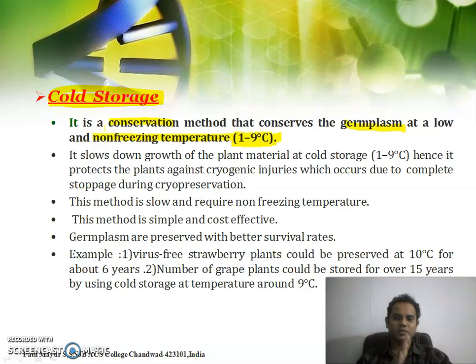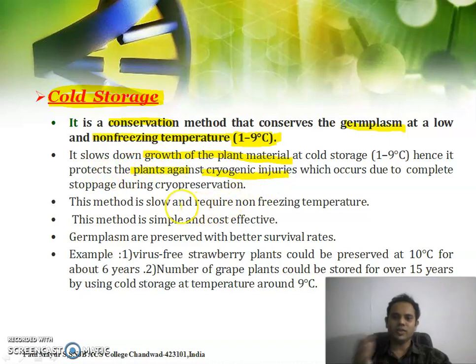In this cold storage, the cells or tissue or germplasm is stored at around 1 to 9 degrees Celsius. What is achieved through this cold storage? It slows down the growth of the plant material at this particular temperature, and hence it protects the plant from any cryogenic injuries.